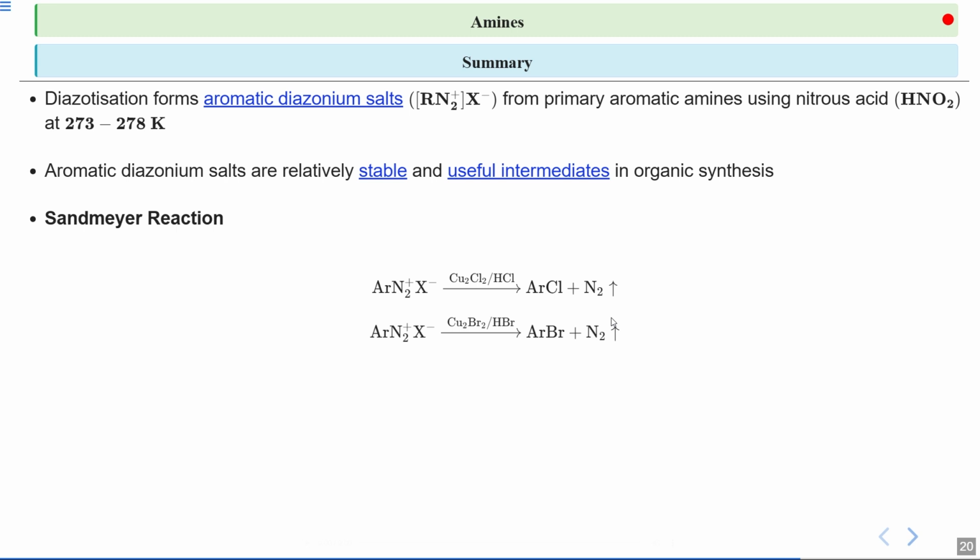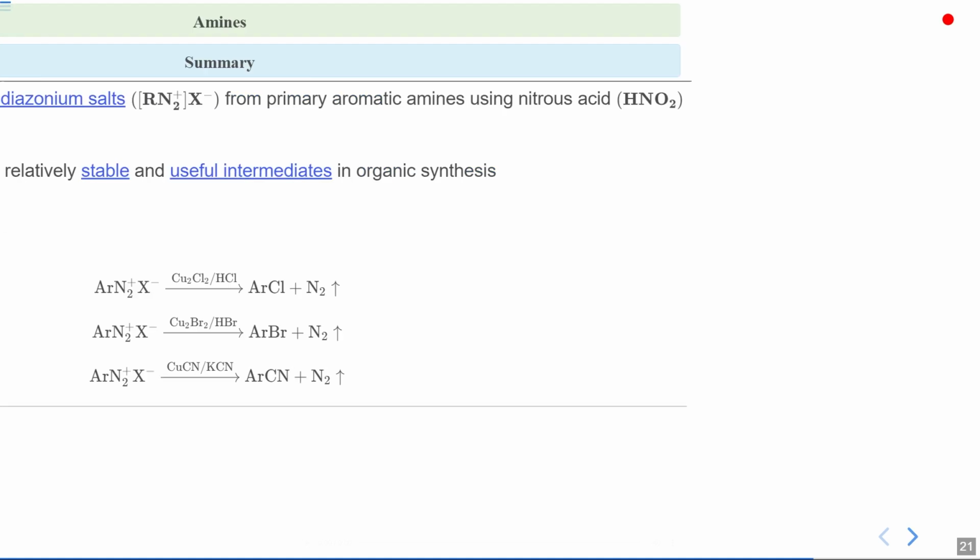Similarly, we use copper bromide and hydrobromic acid. So the diazonium group is replaced by a bromine atom, which forms ArBr, aryl bromide, and N2 gas. And if we use copper cyanide and potassium cyanide, then the diazonium group is replaced by a cyano group, which gives aryl nitrile and nitrogen gas.